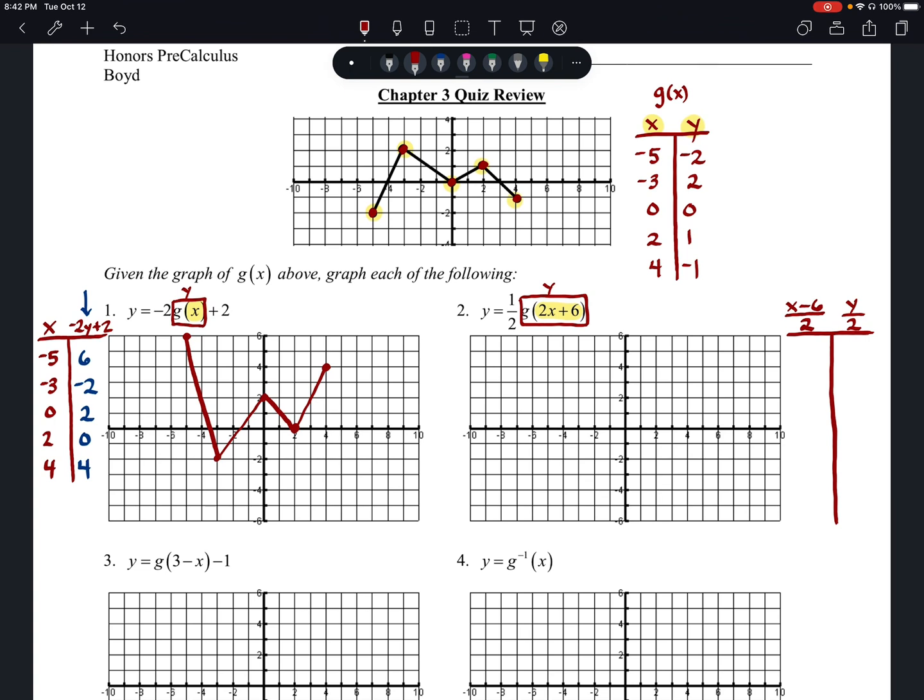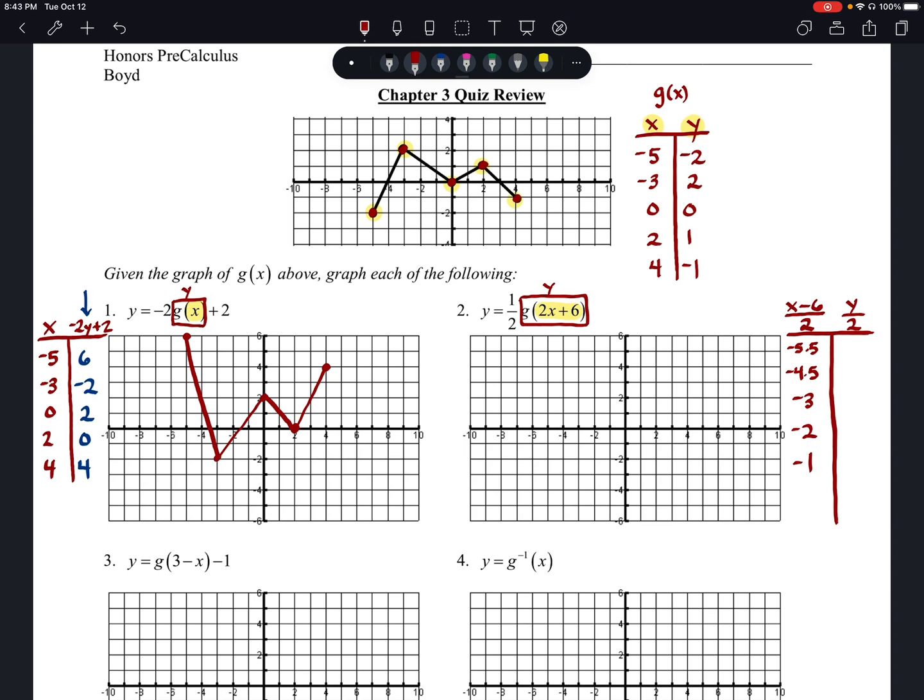So I think we'd have negative 11 over 2, which is like negative 5.5. Plug in negative 3, we'd have negative 9 over 2, which is negative 4.5. Plug in 0, we're going to get negative 3. We're going to plug in 2 and get negative 2. And then we're going to plug in 4 and get negative 1.